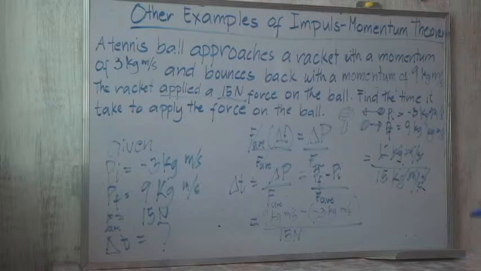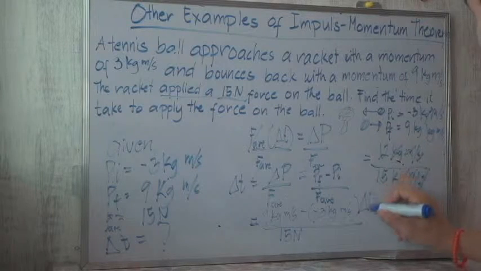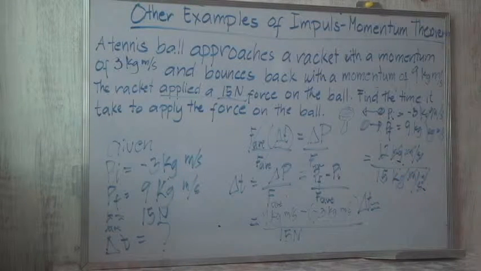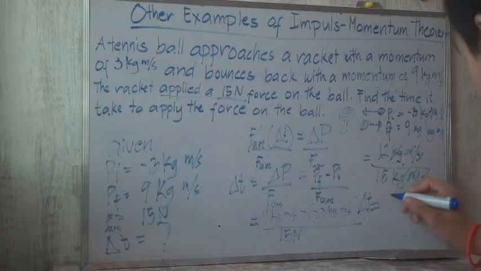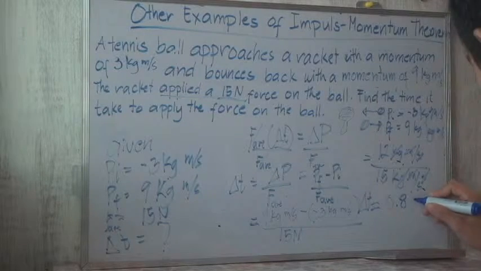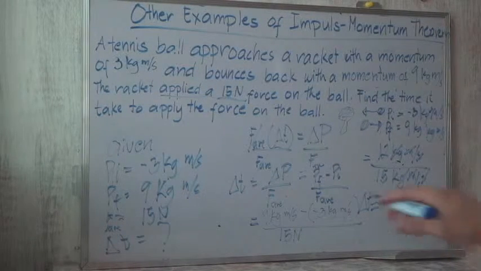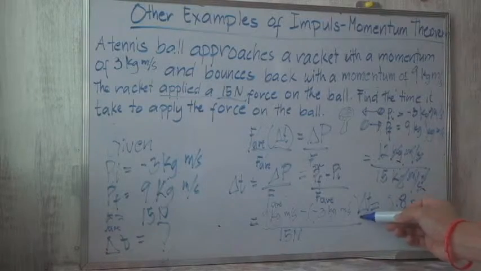So ang mabilin na karon, makuha na nato ang change in time nga 12 divide 15. Natay change in time nga 0.8 seconds. So, nakuha na nato ang change in time sa ato nga problem.